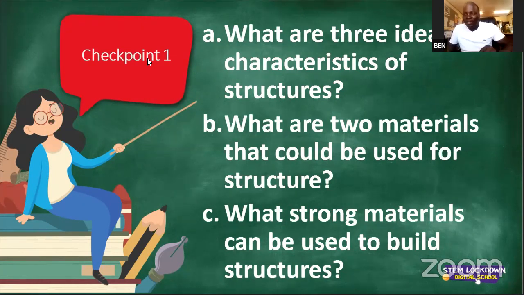Then number C, what strong materials can be used to build structures? What strong materials? Now I'm looking for any other strong material. Any other strong material? Willow, can you give me the answer for that? Any strong material?